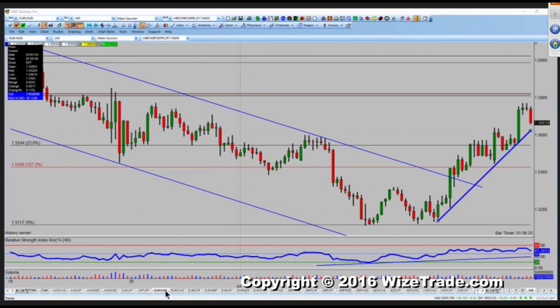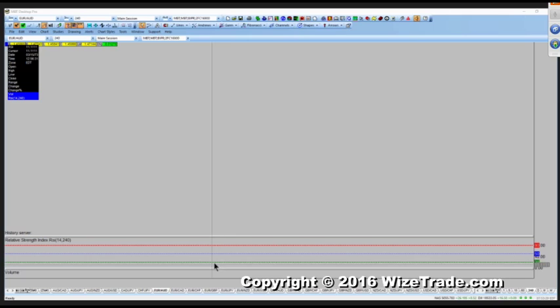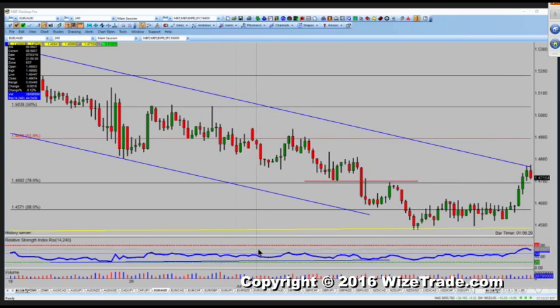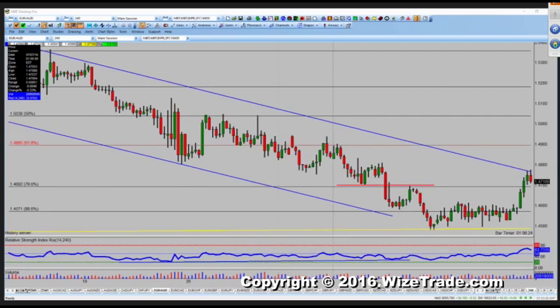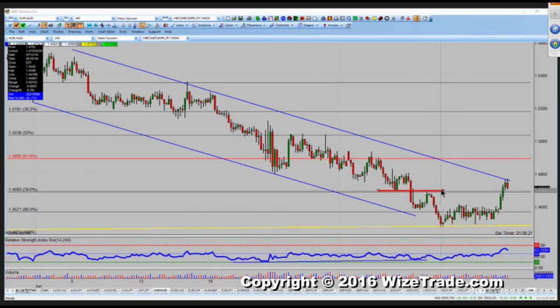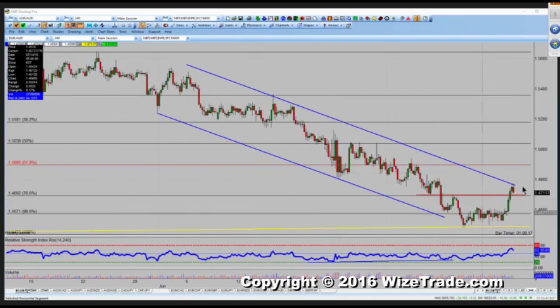Let me take a look at the Euro Aussie. I mean, if you think this thing's going to break out soon, 147, we've been as high as 147.60.